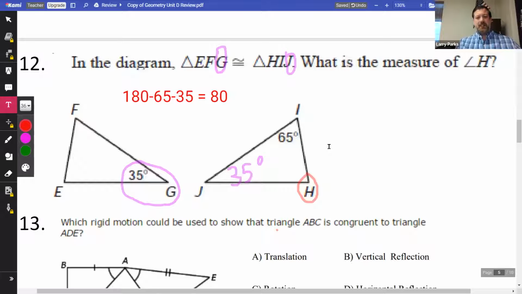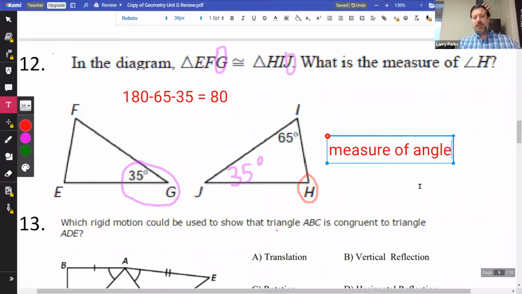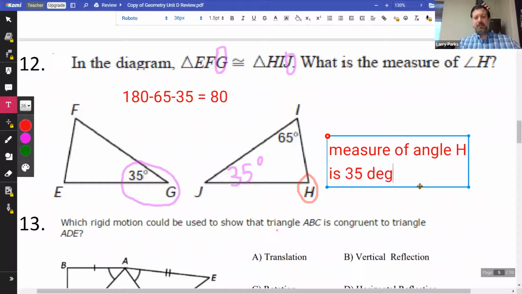So I would say the measure of angle H is 80 degrees. Okay.